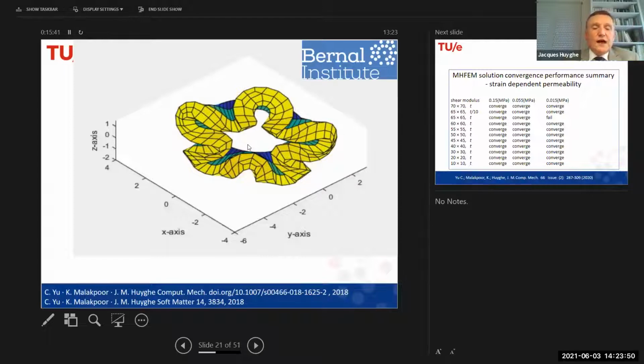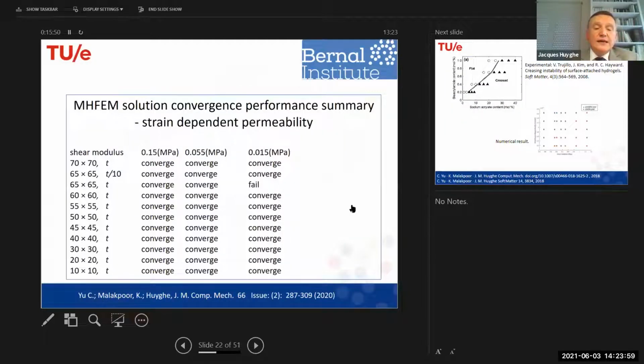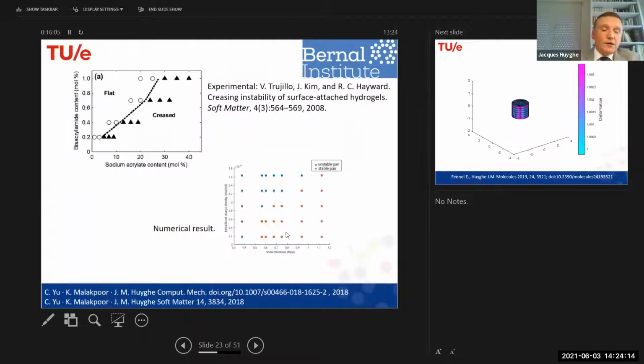And this kind of computation requires a very robust system which is able to cope with very low stiffnesses. So what we find is that even at 15 kilopascal, we are able to have a converging solution, which was not possible with the regular finite element formulations that we know from the commercial market.